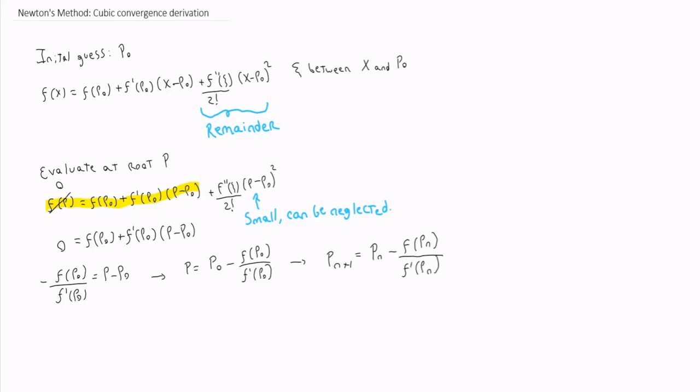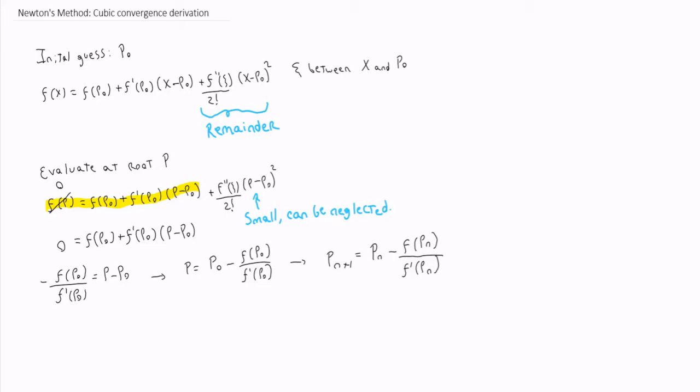So essentially what this means is that given an initial approximation, p sub 0, the result is going to be closer to p, an approximation to the actual root.